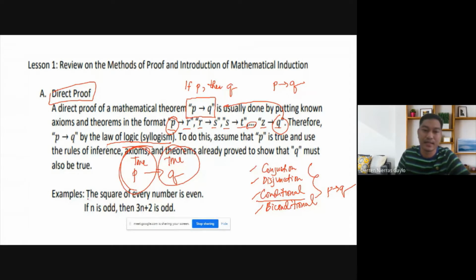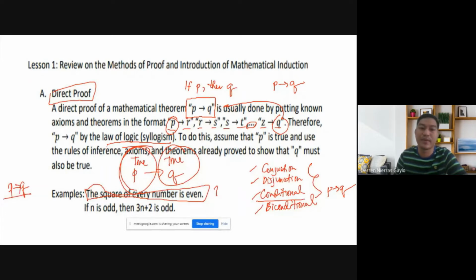So, let's have an example. The square of every even number is even. How will we prove that? Okay, but it is not in the P, Q format. Dili man siya P then Q nga format, so atong himuon nga P then Q nga format.